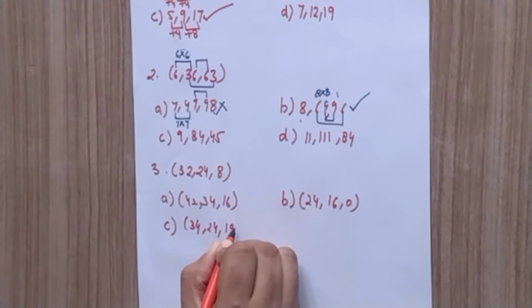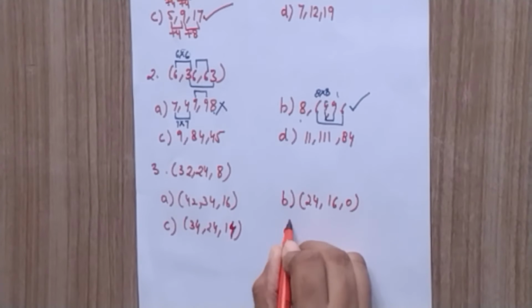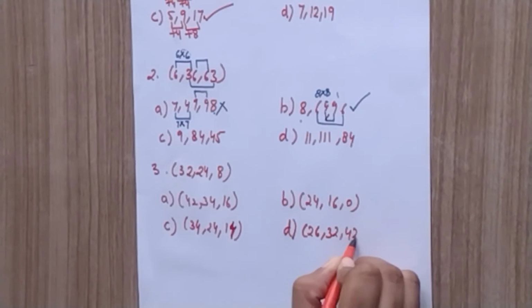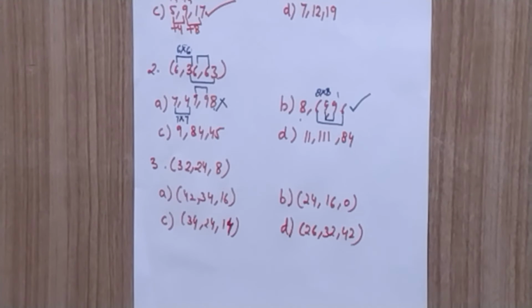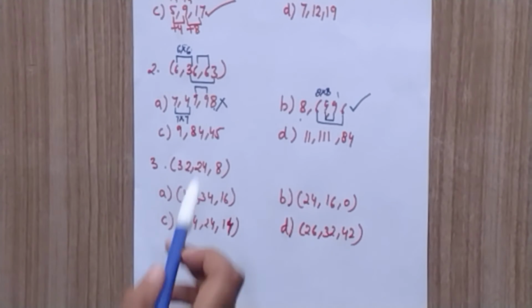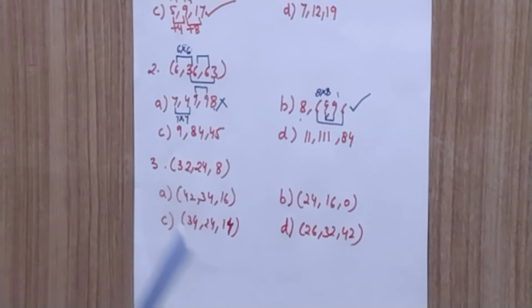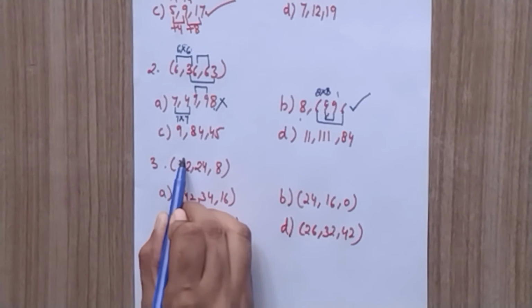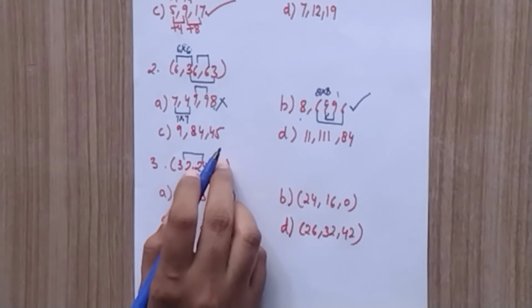The same procedure is adopted in solving this example. First, let's check the similarity between 32, 24 and 8. We can see there's a plus 8 between 32 and 24 and a plus 16 between 24 and 8. Let's check which option has the same similarity.